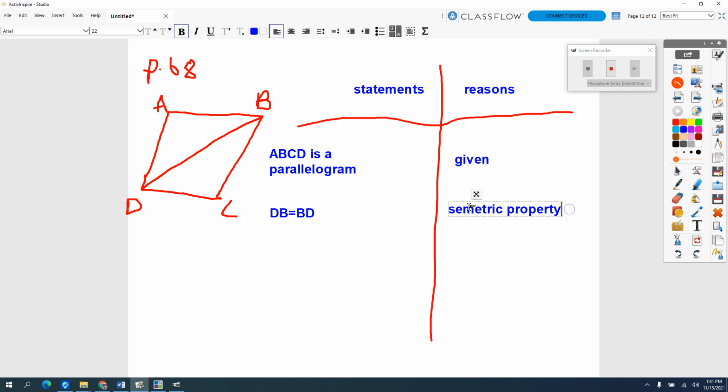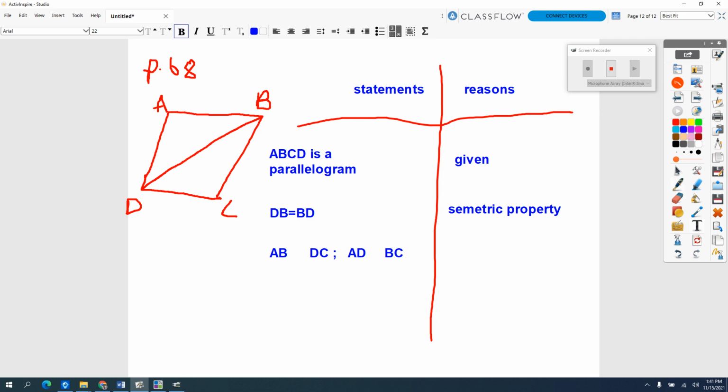And then I also know that line AB is parallel to line DC, and also the other opposite sides are true. AD is going to be parallel to BC. I'm going to go ahead and write the parallel marks.